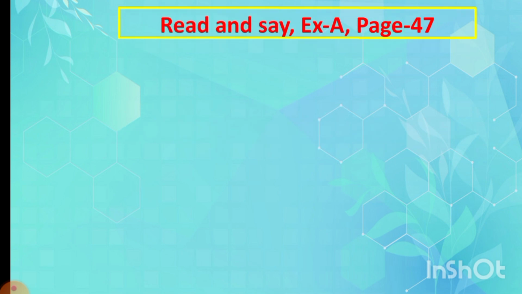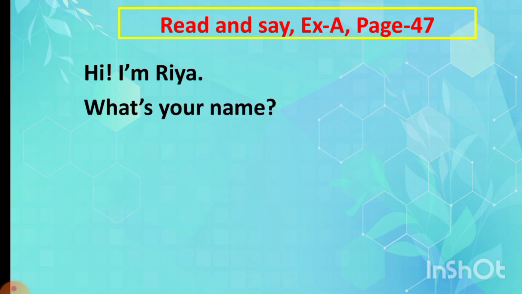Now exercise A, page number 47. All of you go to page number 47 and look at exercise A. Read and say. So let's read out. Hi, I'm Ria. What's your name?